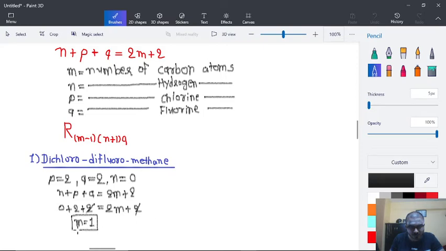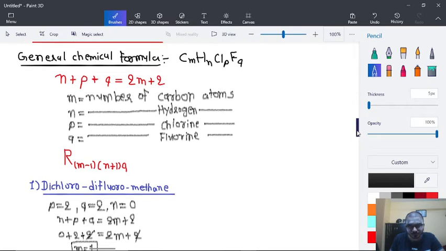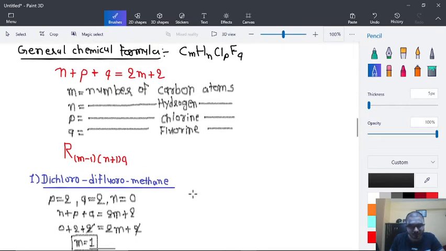So if we see this equation, here we are having C1 H0 Cl2 and F2. So in a better way we can write down this as CCl2F2.